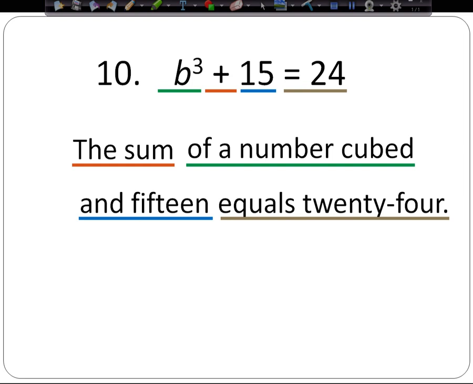The sum of a number cubed and 15 equals 24. And again, you can write the number 15 and 24 there instead of having to spell those out. Take a moment and make sure that you have this written down before you move on to the next slide.